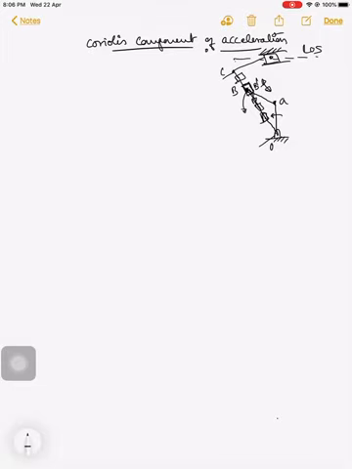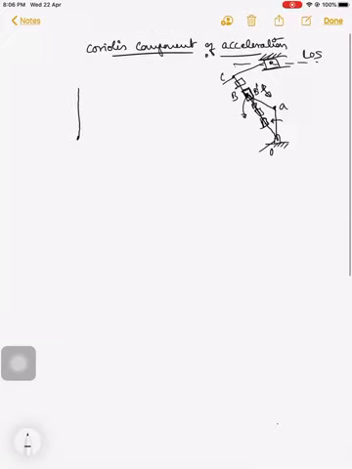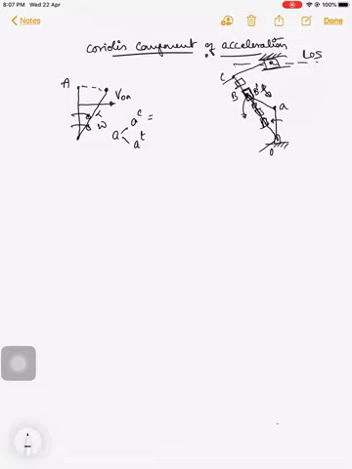That is, I will just brief up. When we consider a link moving with an angular velocity and angular acceleration, the velocity vector for this link OA will always be perpendicular to the link, and when we consider the acceleration, it has two components, AC and AT, that is the centripetal component of acceleration and the tangential component of acceleration.